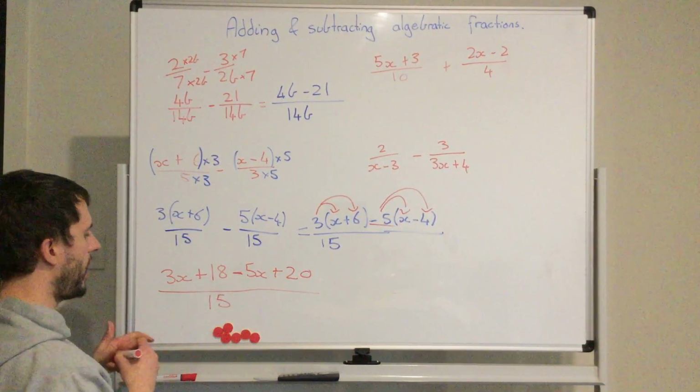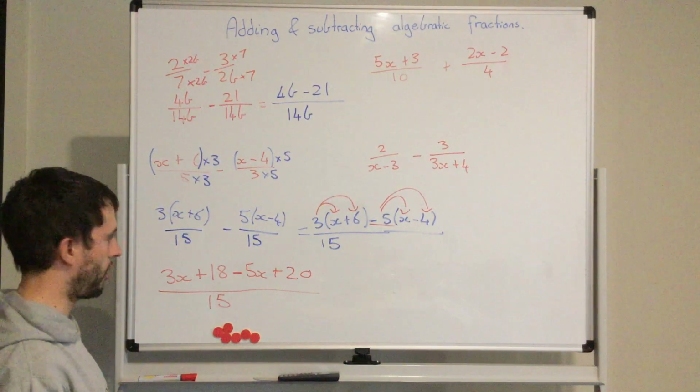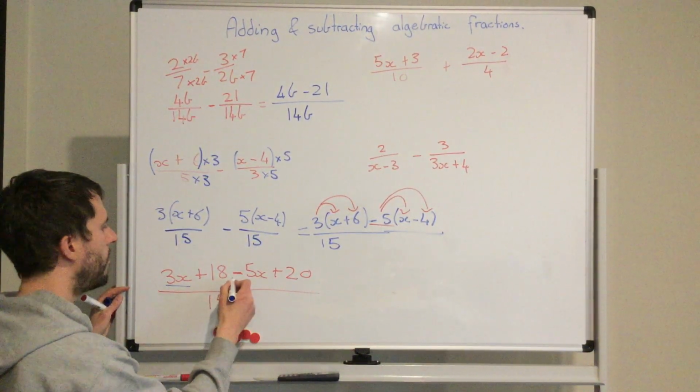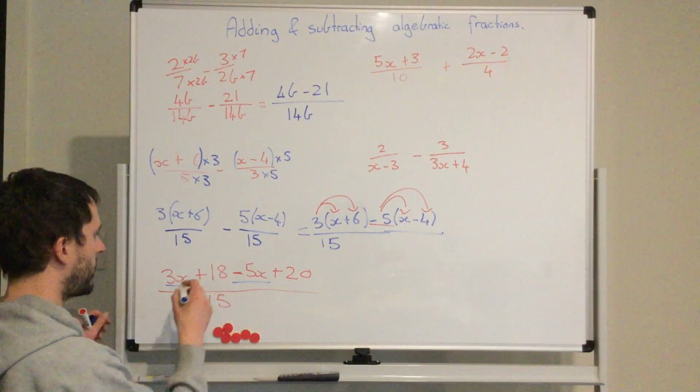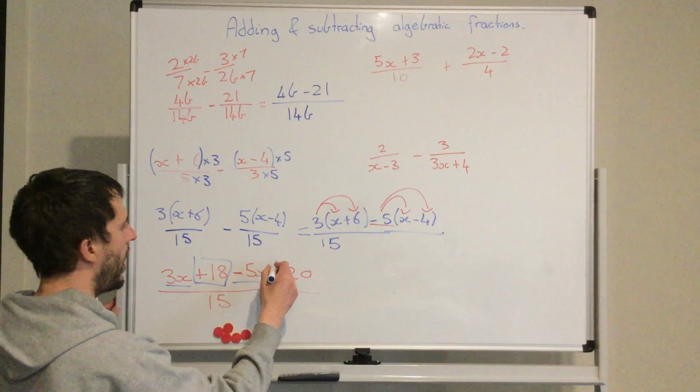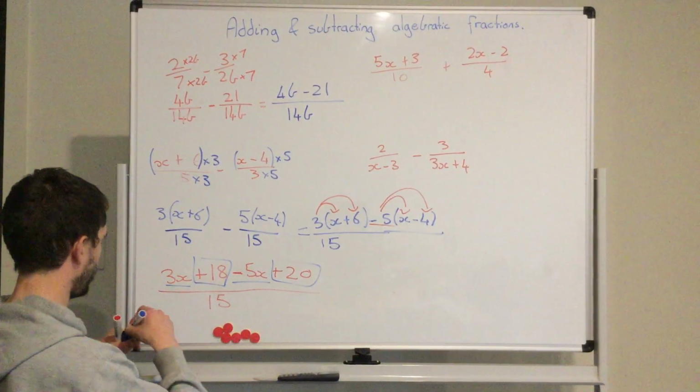Now I can simplify it through thinking about like terms. So my like terms, I've got 3x and negative 5x there, and then I've got plus positive 18 and positive 20.